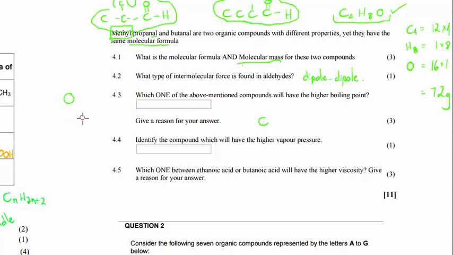If there's an oxygen connected to a hydrogen, you know what forces exist: hydrogen bond forces. Does ethanoic acid have that? Butanoic acid, carboxylic acids, yes, they do. They have an OH, so hydrogen bonds.